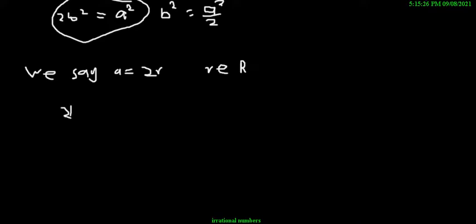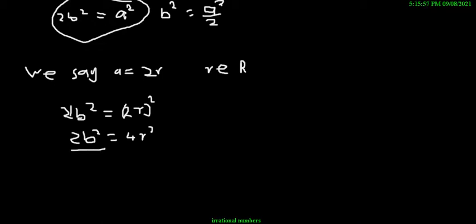So 2b squared is equal to 2r, and we have to square this because everything we had on top was squared. Then we simplify it. 2b squared is equal to 4r squared.